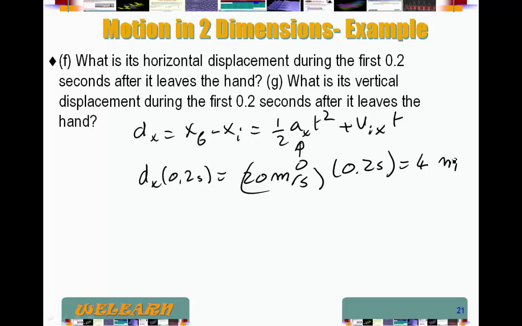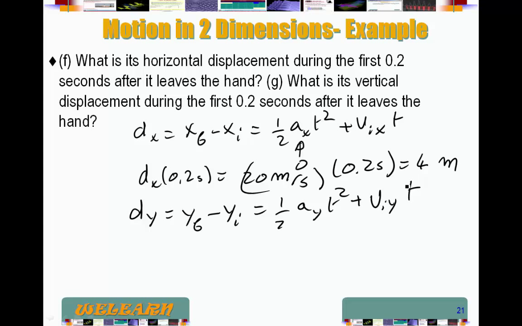Then the next question: what is its vertical displacement during the first 0.2 seconds after it leaves the hand? For the vertical displacement, we are going to use the same equation, but for the y. So it's going to be yf minus yi, and it's going to be 1/2 a sub y t squared plus vi sub y t.